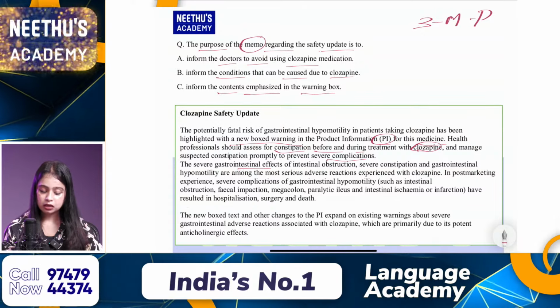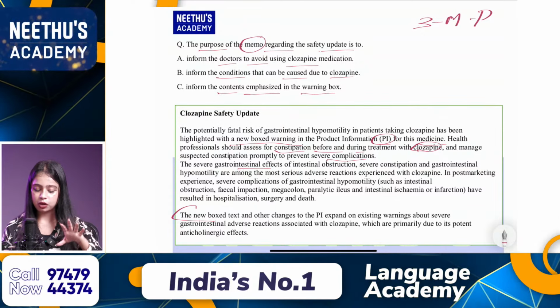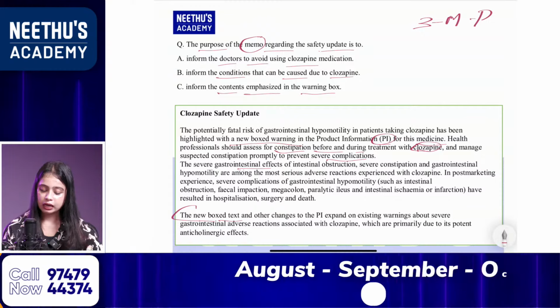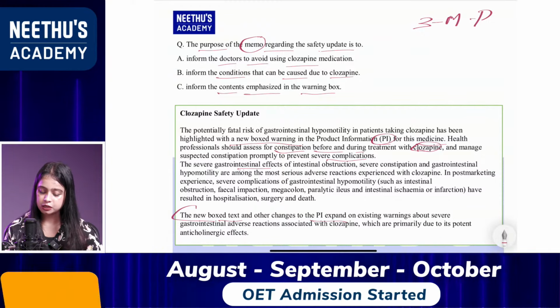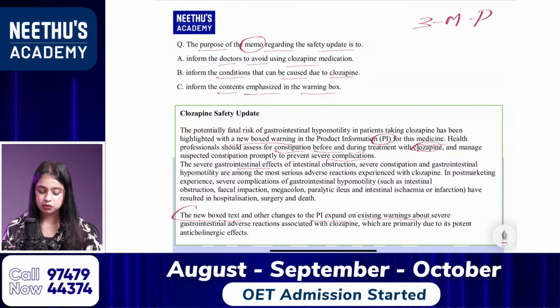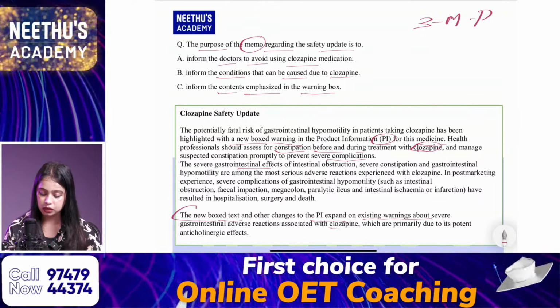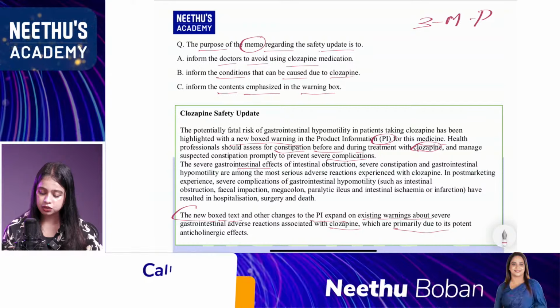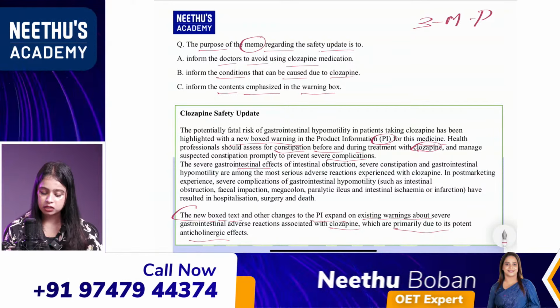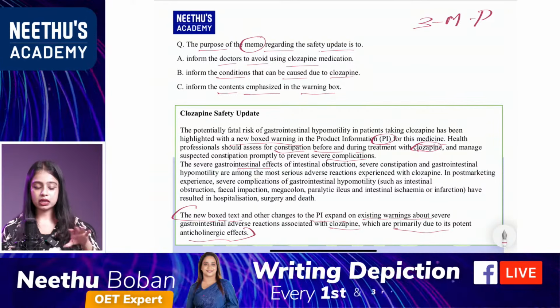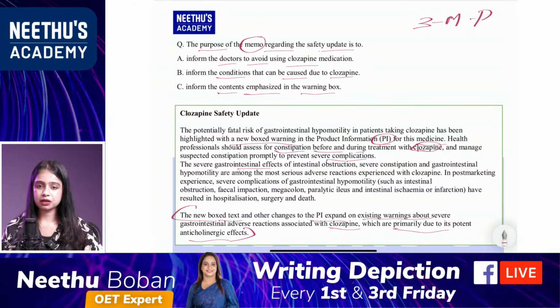The new boxed warning, or the new boxed text, and other changes to the PI expand on existing warnings about severe gastrointestinal adverse reactions associated with clozapine, which are primarily due to its potent anticholinergic effects. So that's all about the paragraph.